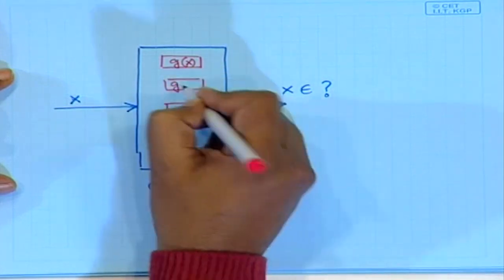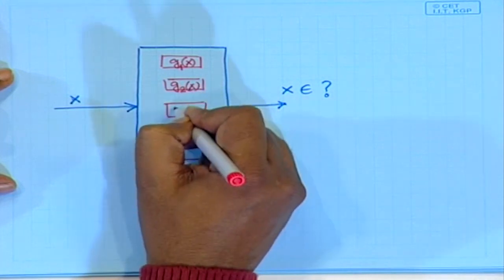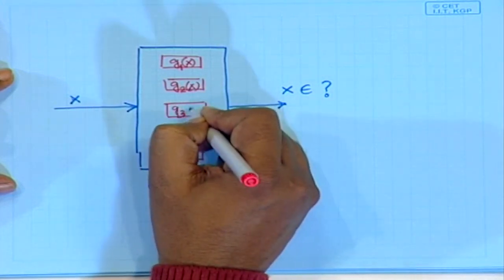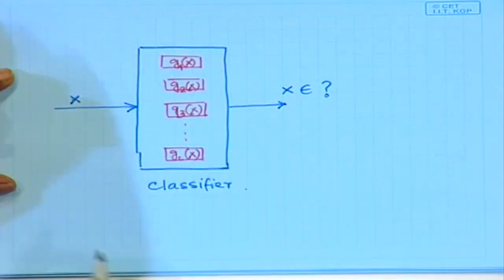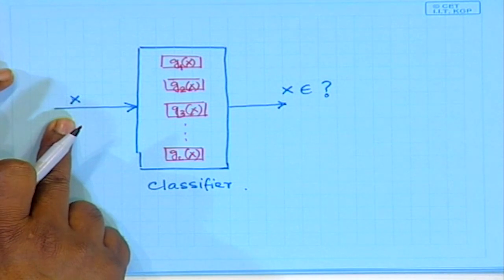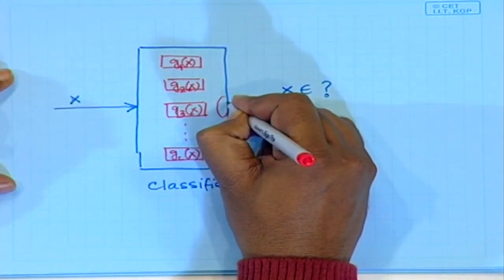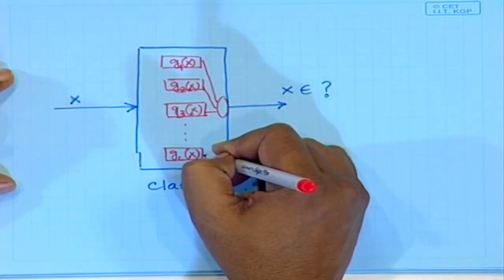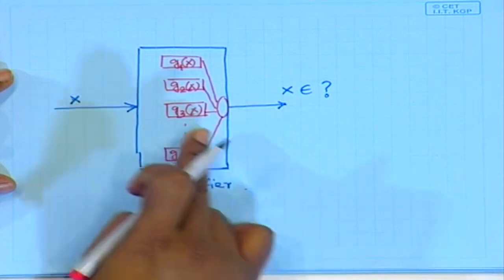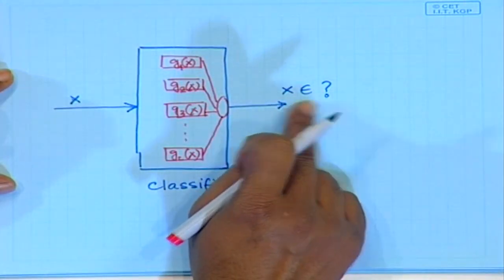So, this computes g1 of x, this computes g2 of x, this computes g3 of x, this computes gc of x, on the same feature vector x. Then it takes a decision, either following the maximum criteria or the minimum criteria, as to which of these C classes this feature vector x should belong.